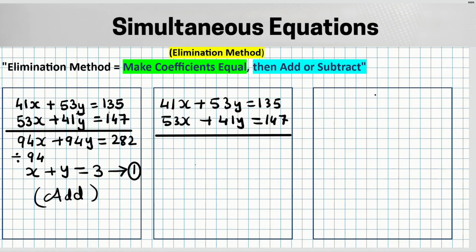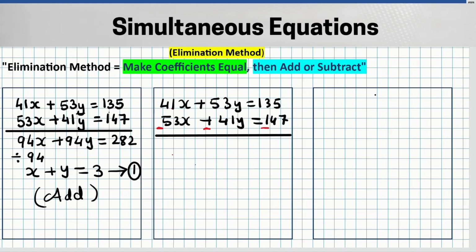Last video I used a red color pen. So here plus 53x will become minus. Here it is plus 41x, so it will become minus. Here it is plus 147, so it will become minus.